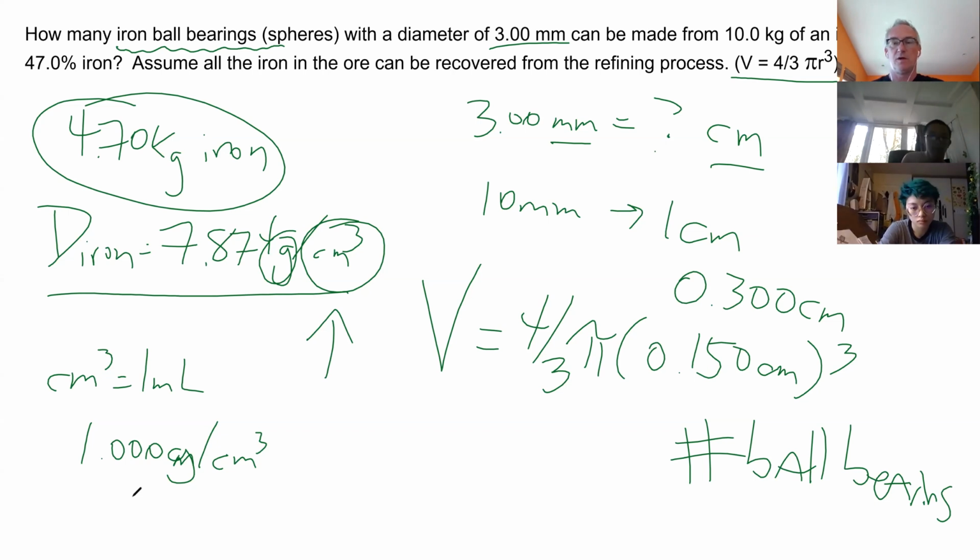Thank you. Right. So my volume is going to be equal to 4 divided by 3 times pi times 0.150 centimeters cubed. That gives me the volume of one ball bearing. So what's my volume for one ball bearing? 0.1130973.